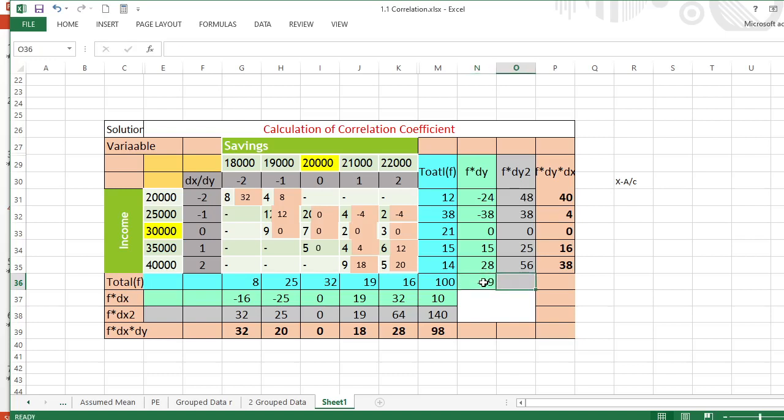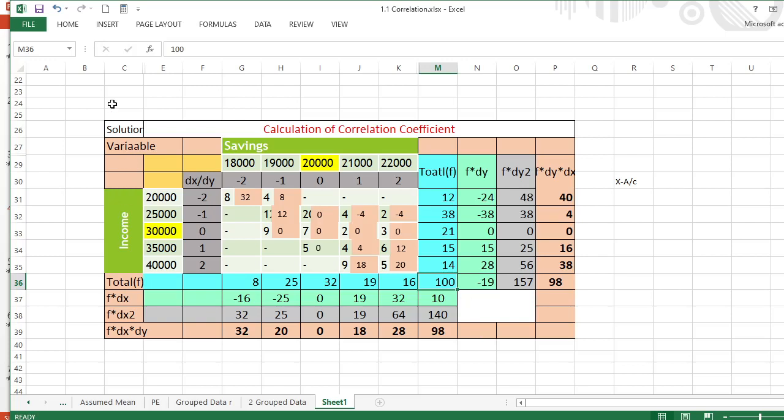And here f into dy square, it is 157. Last, summation f dx dy values is 90. F dx dy and f dy dx values are same, and total of this frequencies.